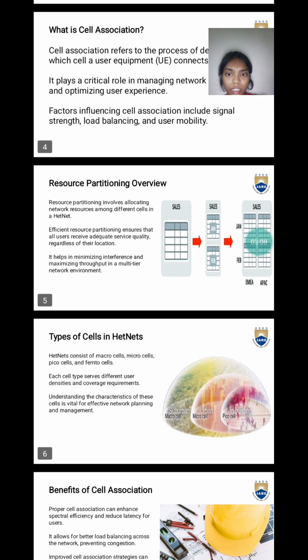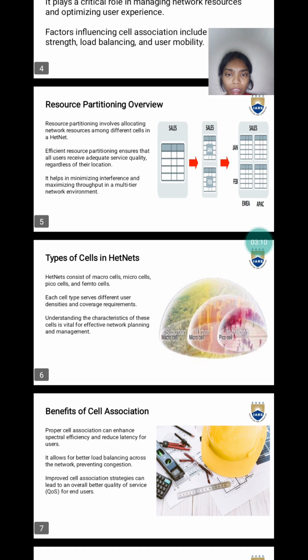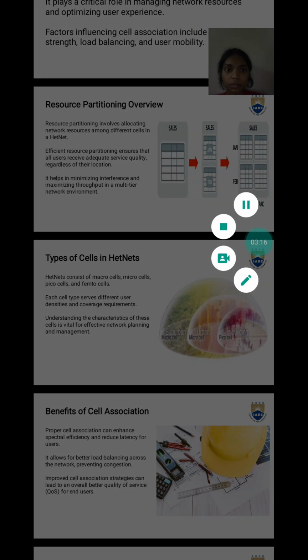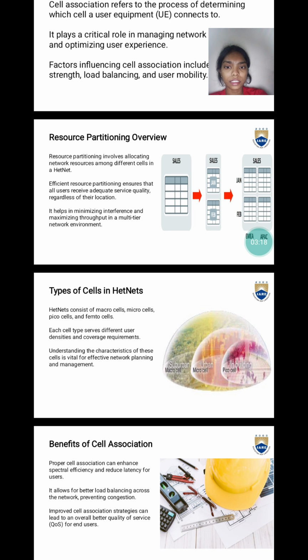Types of cells in HETNETs. HETNETs consist of macrocells, microcells, picocells and femtocells. Now we can clearly observe that HETNETs contain very small cells, because microcells, picocells and femtocells are very small in size.